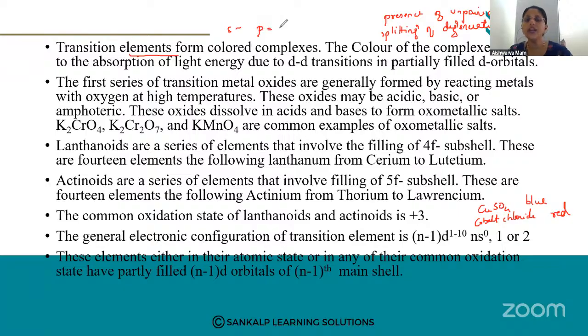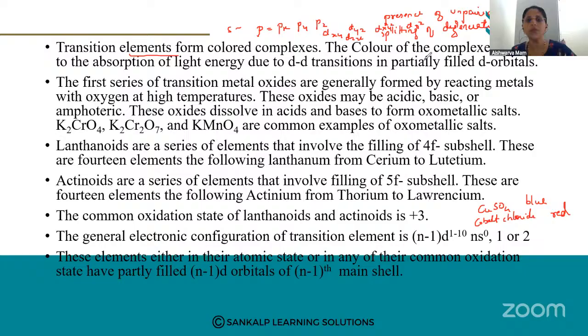P has 3 degenerate orbitals: px, py and pz. D has 5 degenerate orbitals. So degenerate orbitals are the orbitals which have almost the same energy.